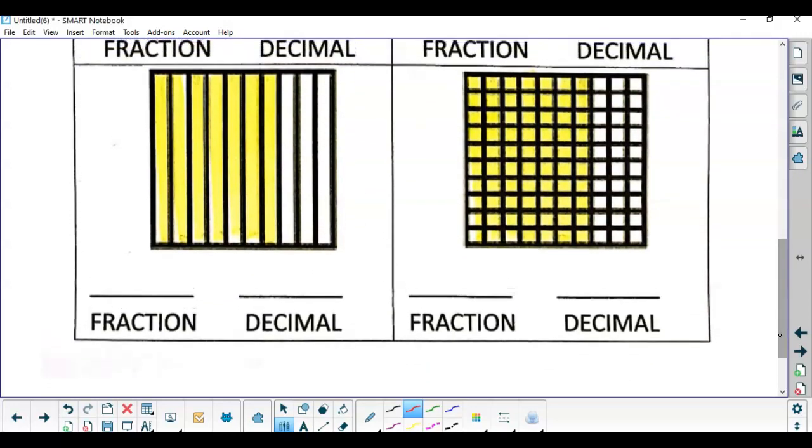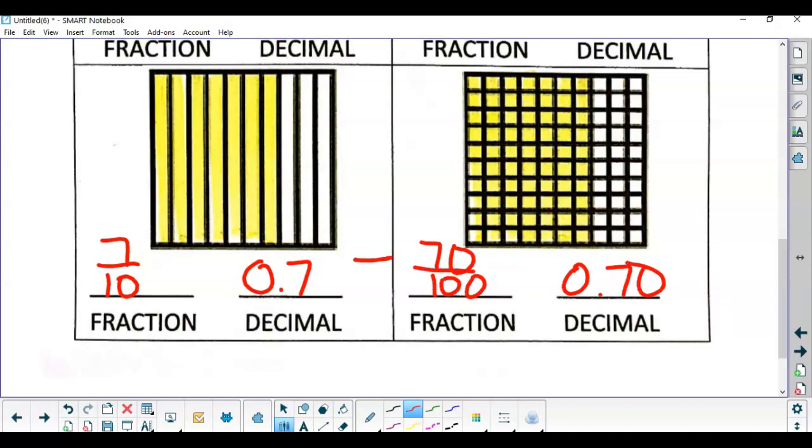All right, now I have 7/10 and 7/10, which is equal to 70 hundredths. So 7/10 is equal to 70 hundredths.